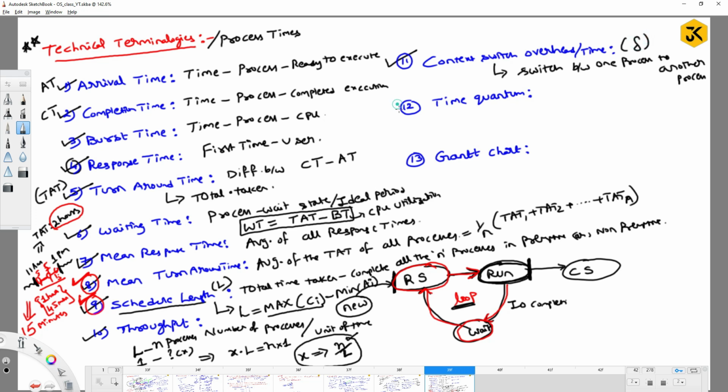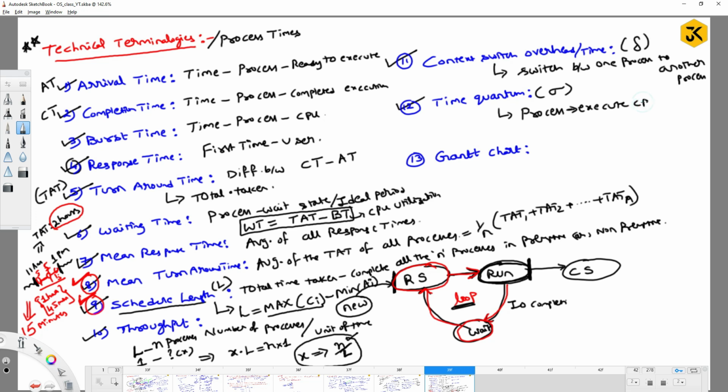And the next terminology is time quantum. Time quantum, which we can represent with the rho symbol, is basically used in the round robin algorithm. It is the amount of time for which we allocate a process to execute in the CPU.